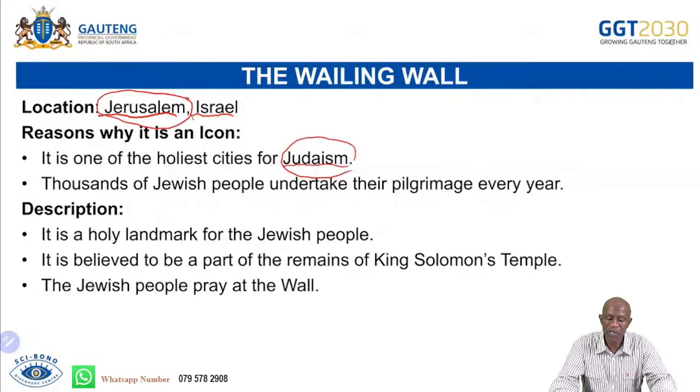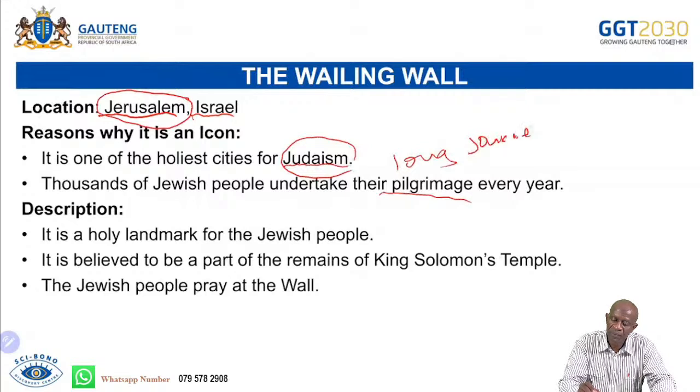Thousands of Jewish people undertake their pilgrimage every year. A pilgrimage is a long journey. So most of the people who are the Jews visit or take a long pilgrimage to go and see this.